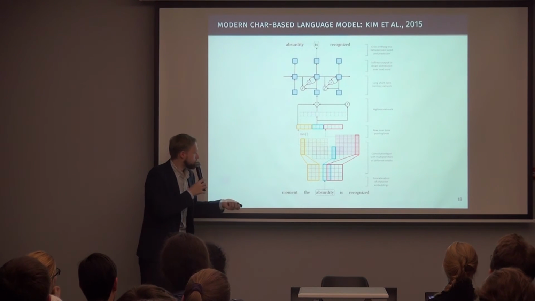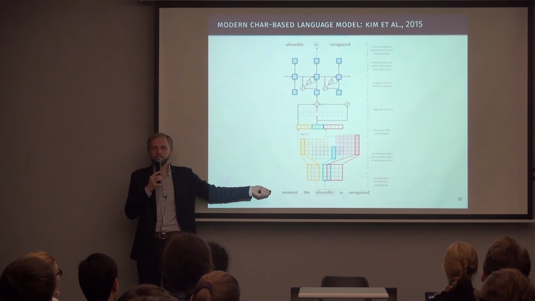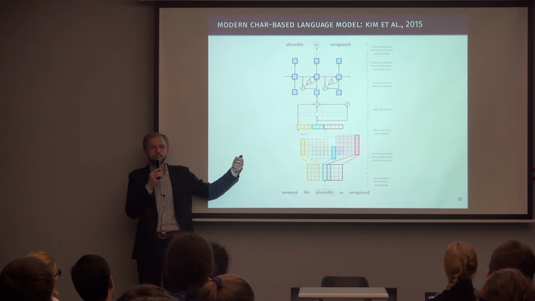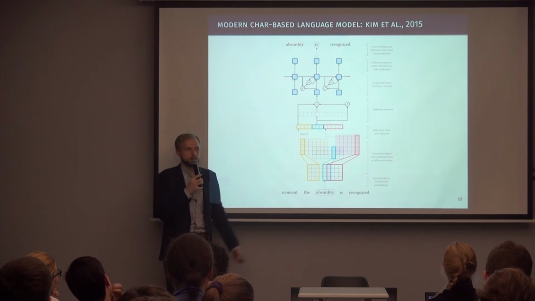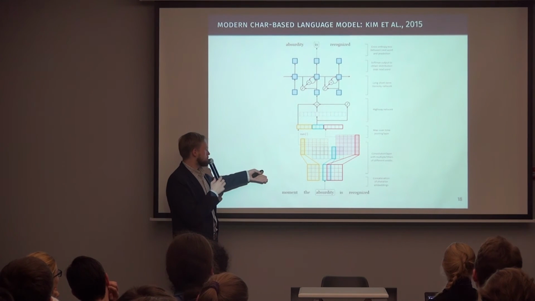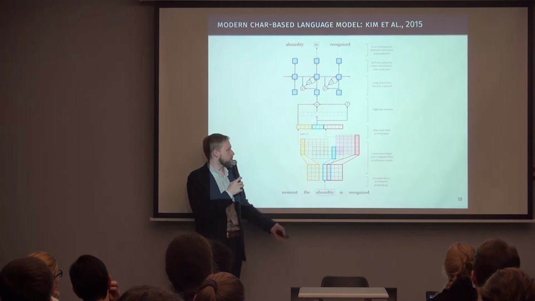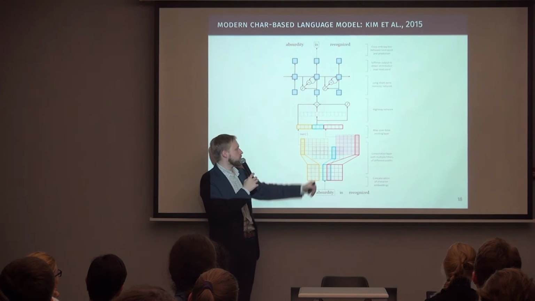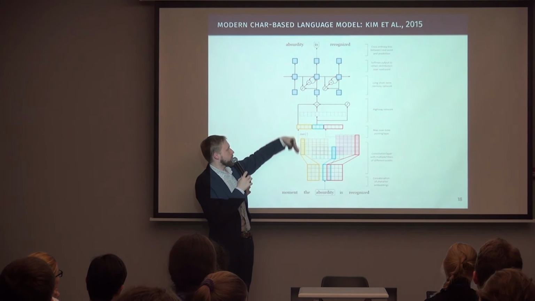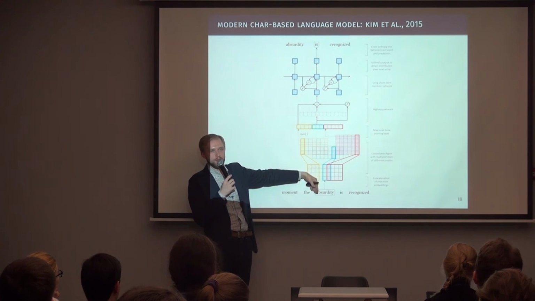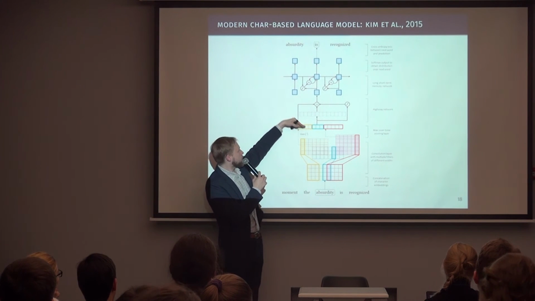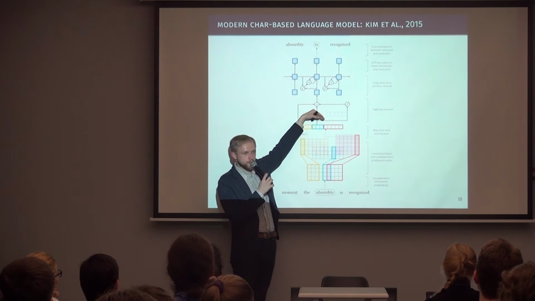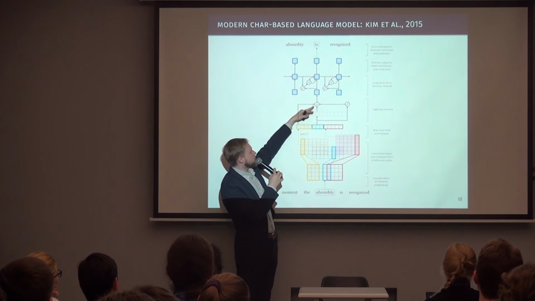And this is just a slide where I wanted to show a relatively common modern convolution architecture for processing. So for instance, here we start with characters, we concatenate the embeddings of characters, then we take multiple levels of convolutions on these characters and max pooling, then we concatenate the results, and we pass them through what is called a highway network.